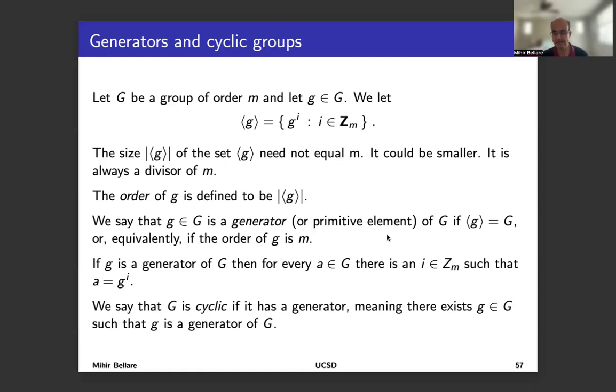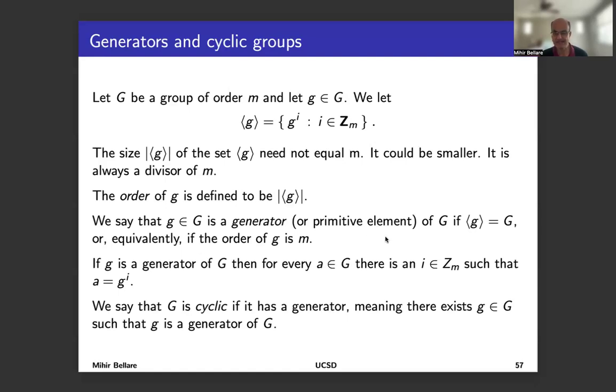Another way of saying that is that this set, all the powers of g, since it has size the group order, the set itself must equal the group itself. So the group can effectively be written as powers of little g.